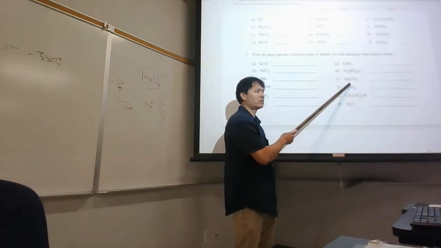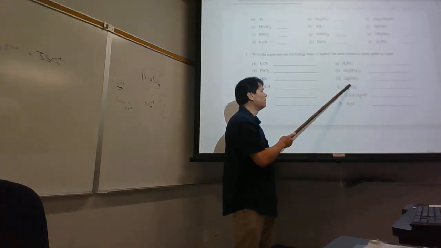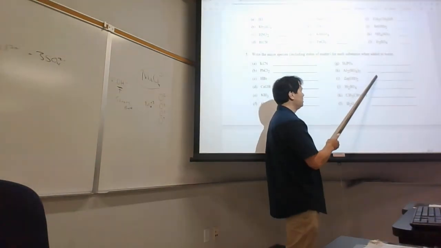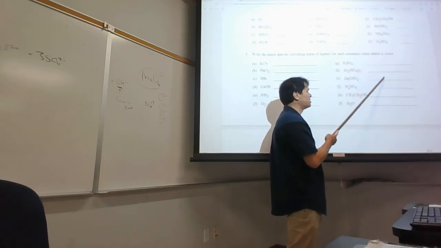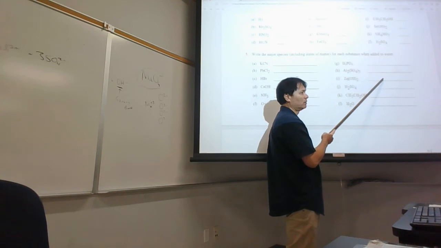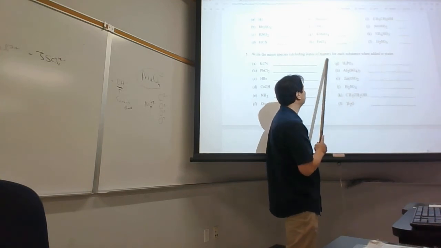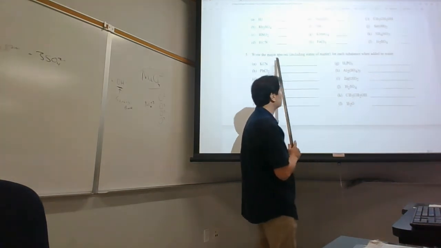This is not one of those exceptions, so this is insoluble. So the major species here is just zinc hydroxide solid. It's not going to dissolve, and if it did, just a tiny fraction would dissolve. And so we'll just say zinc hydroxide solid would be the major species.